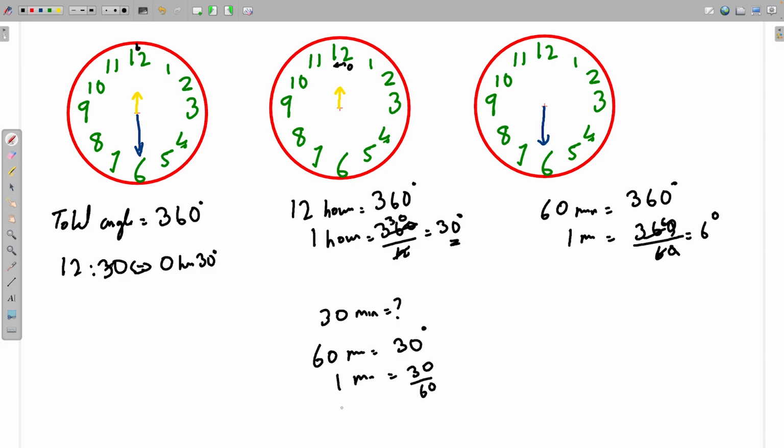And for 30 minutes, it travels 30 by 60 into 30. So in this case, it has traveled 15 degrees.